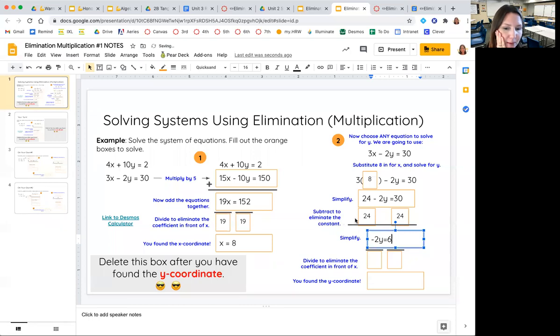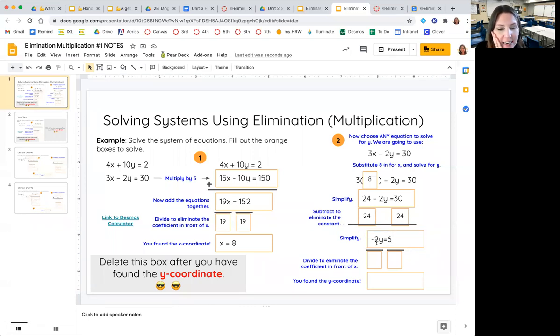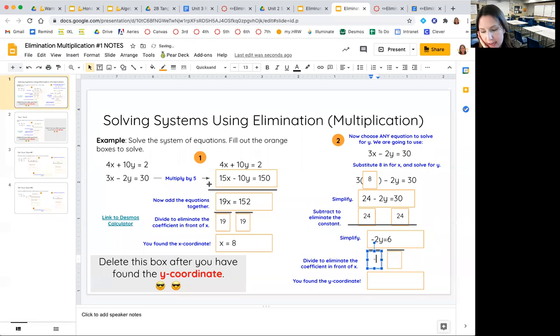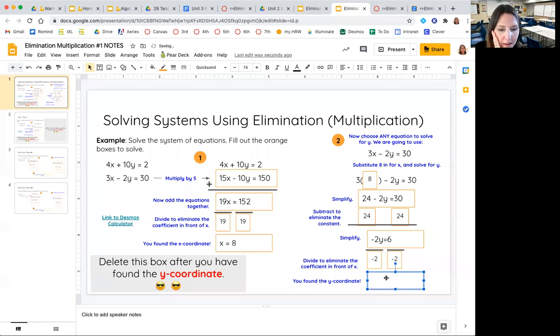I think I deleted my subtraction sign by accident. Now I just finish solving. I'm going to divide to eliminate my coefficient again. So divide by -2. See my division lines? Divide by -2. So y will equal -3.